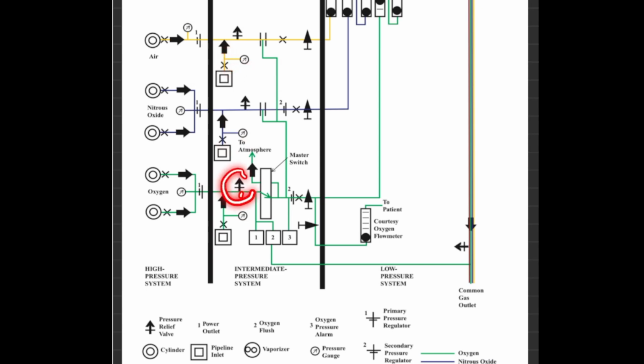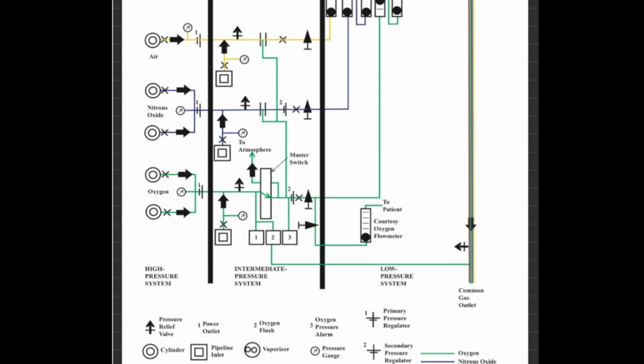Each pipeline also has a pressure relief device. In the high pressure system, each cylinder has a pressure relief device. That is why we do not have a pressure relief device indicated in this diagram, because the cylinder has a pressure relief device.